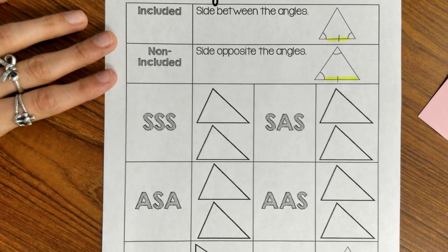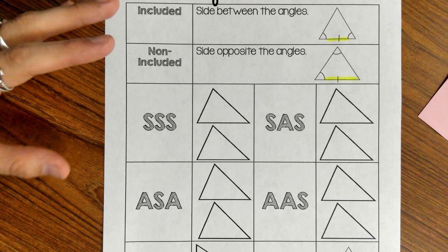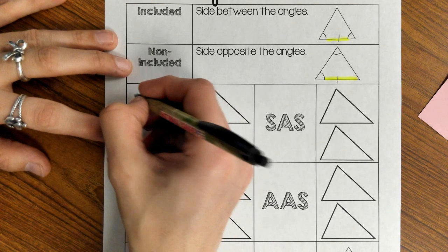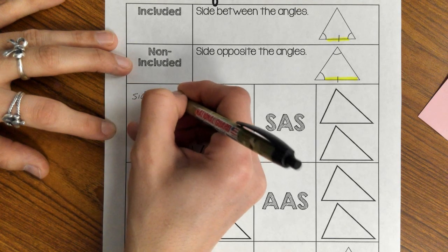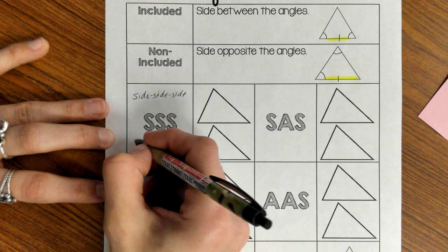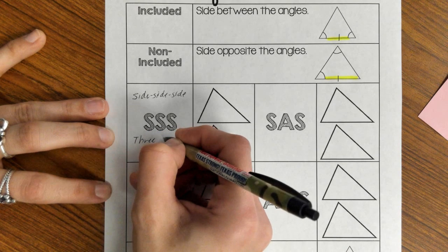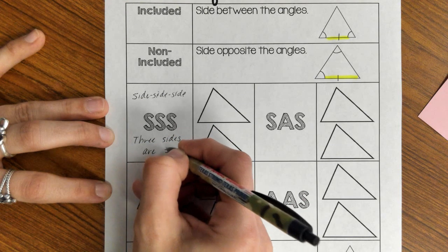The notes that we're going to talk about today are going to be your SSS, which is your side, side, side. What's going to happen here is all three sides are going to be congruent.